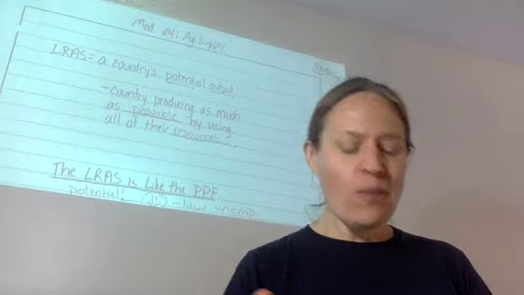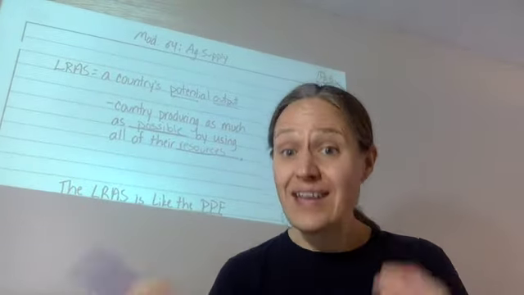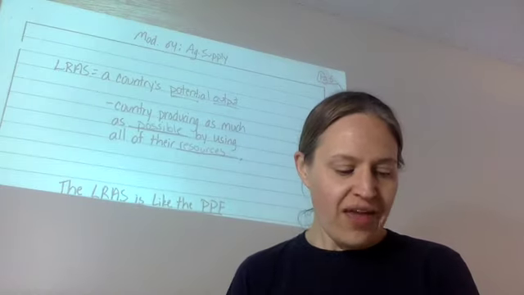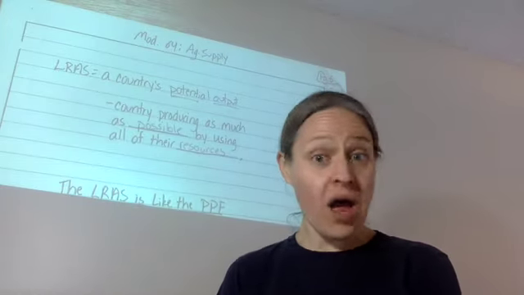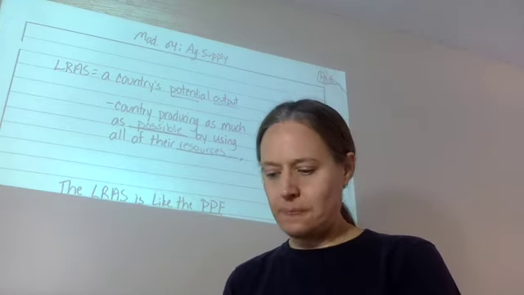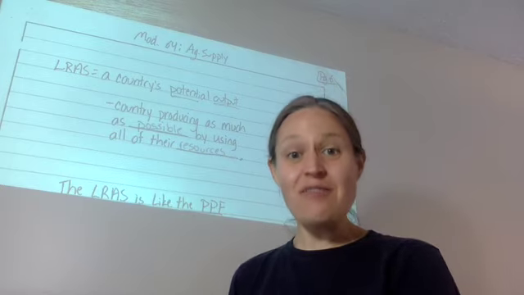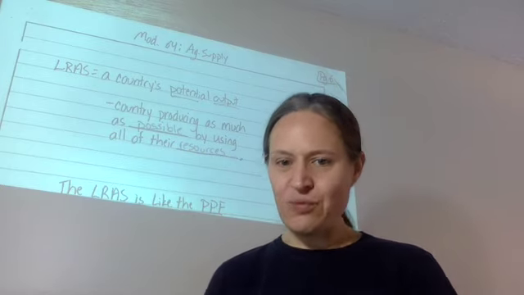Let's go to page 6, our last page. Now, the long-run aggregate supply curve actually shows a country's potential. It shows what our economy will be at if the country is producing as much as possible by using all of their resources.